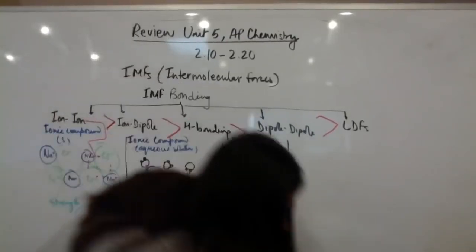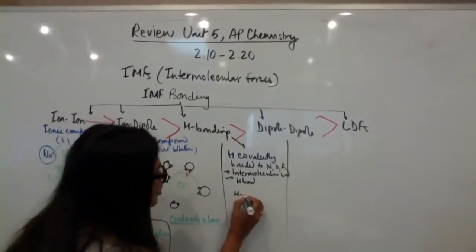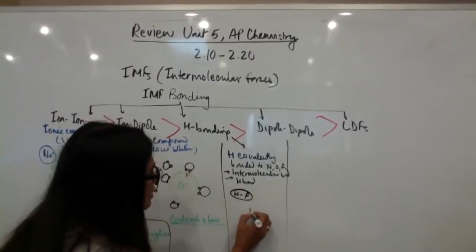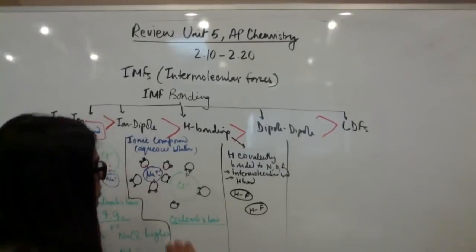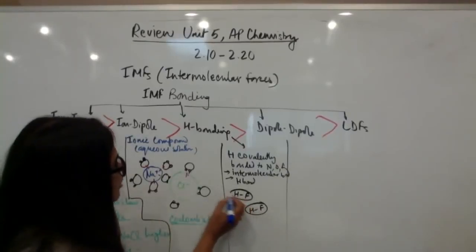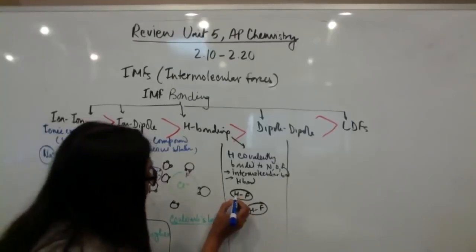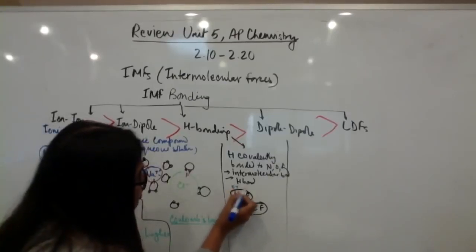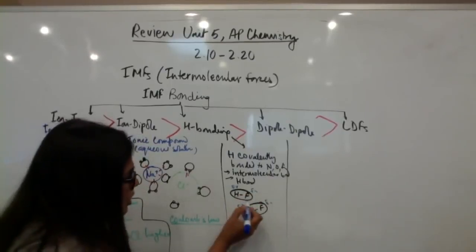To explain this more, if you have hydrogen bonded to fluorine, then this will be a dipole because the electronegativity difference between them is between 0.3 and 1.7. This end becomes positive, this end becomes negative. I put delta for very small charge.